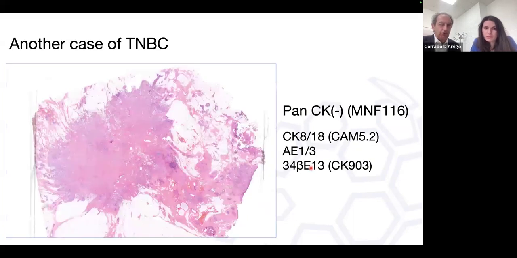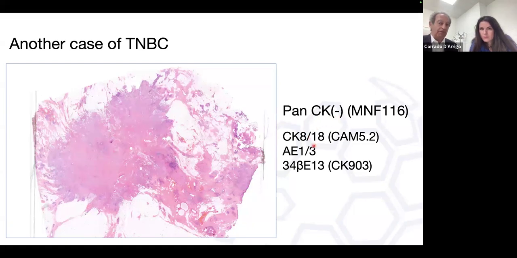That's another case I wanted to show you. It looks like a ductal carcinoma NOS. And you know, in sentinel node biopsy, we do a pancytokeratin, because we use cytokeratin to highlight the tumor cells in the node. If there is low volume disease, we may not be able to recognize it on H&E. It's easier on immuno. So we always stain the tumor with a pancytokeratin. Usually we use MNF. This was negative.